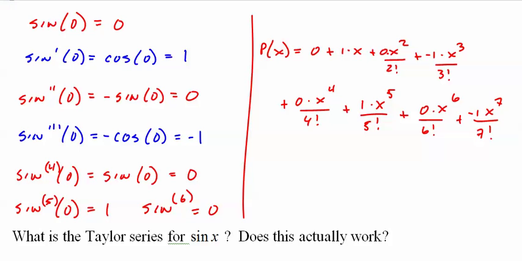Rewrite it, because there's a lot of zeros in there. I'm calling this p of x, for sine of x.